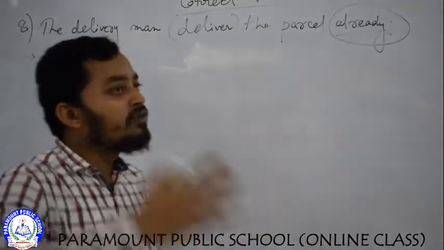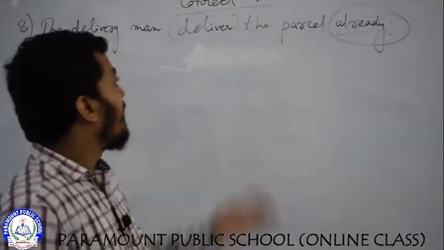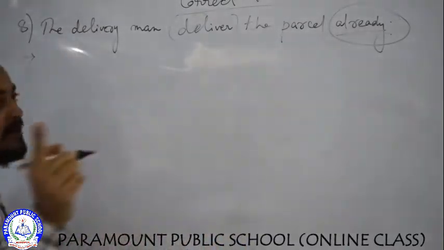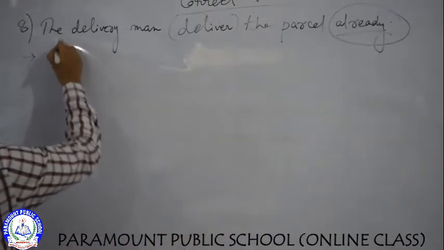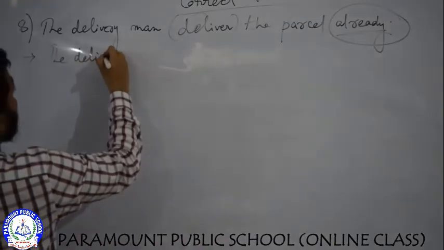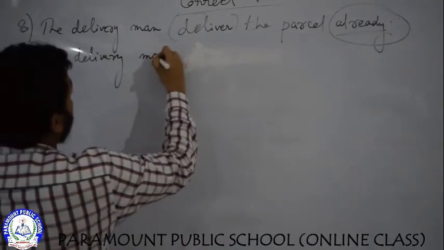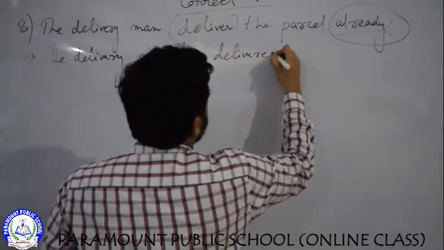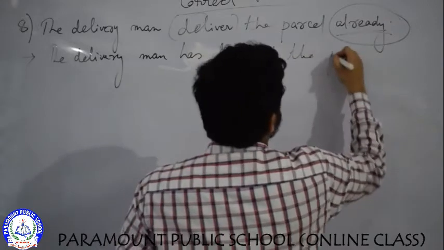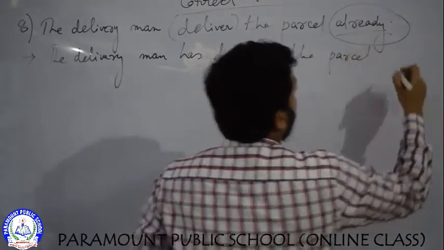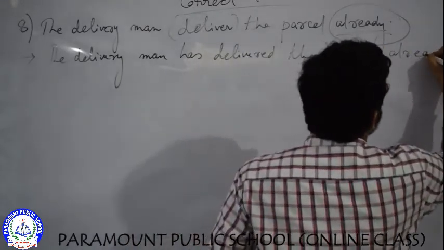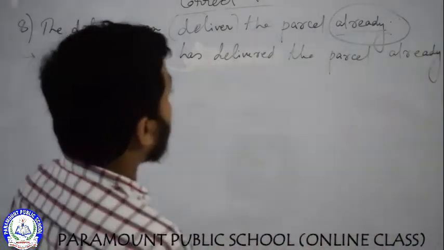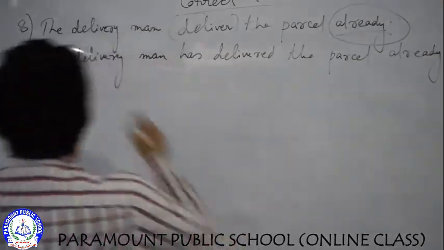According to the rule, the verb given in bracket will be in which tense? Present perfect tense. The delivery man, one person. So the delivery man has delivered the parcel already. Clear?